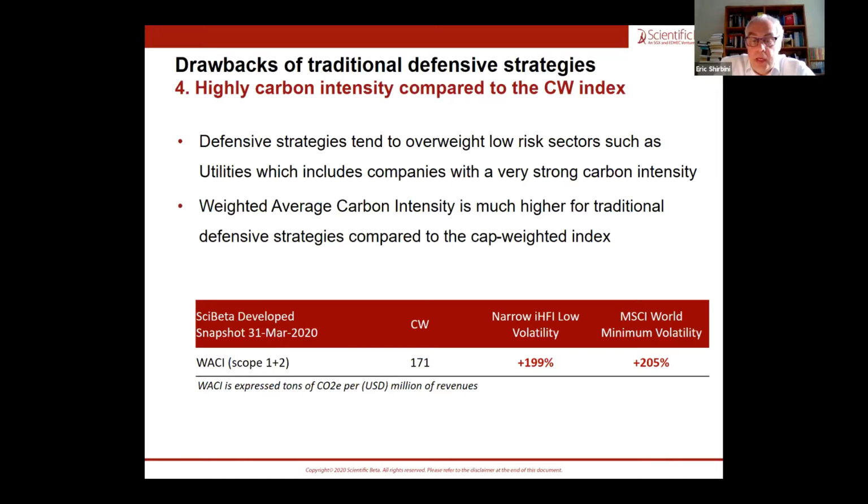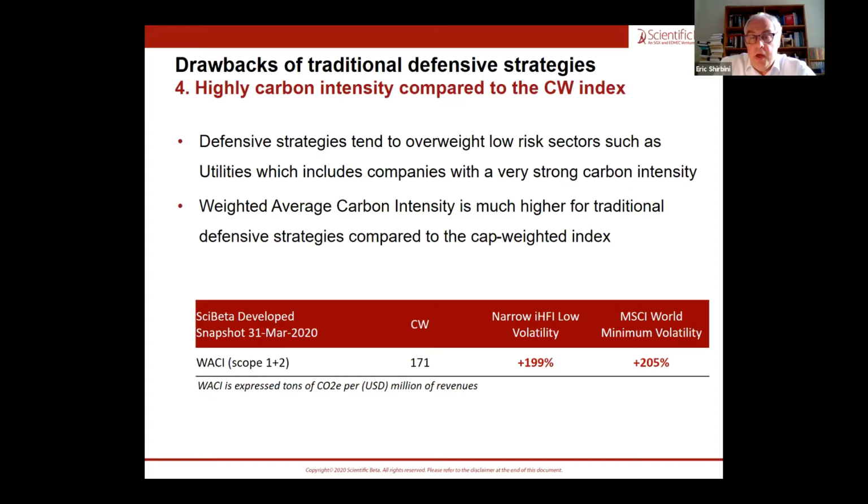And what we see is that for defensive strategies, our strategy even, and the MSCI strategy, it tends to have twice the level of carbon exposure based on the weighted average carbon intensity. And this again is mainly because you tend to overweight utilities which have a very, very high carbon intensity. But it's quite a severe problem, particularly for the low volatility factor.